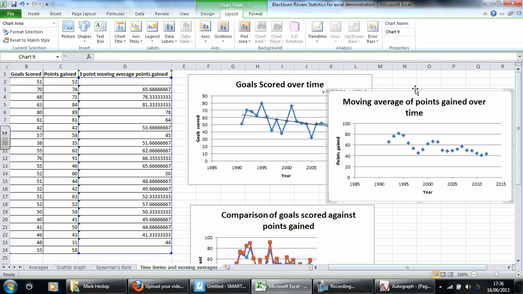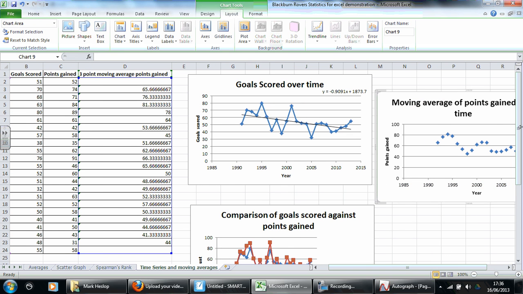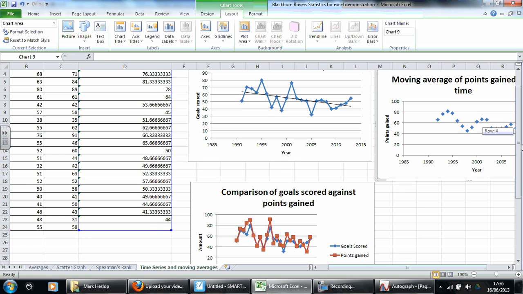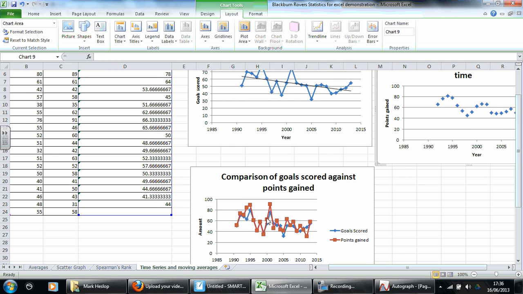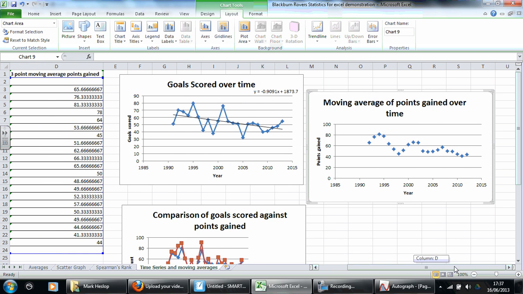And there we go. So I've done a time series graph with just goals scored with the trend line. Compare the 2 time series graphs, goals scored and points gained. Then I've done a 3-point moving average of points gained over time. I'll write that on, 3 points.